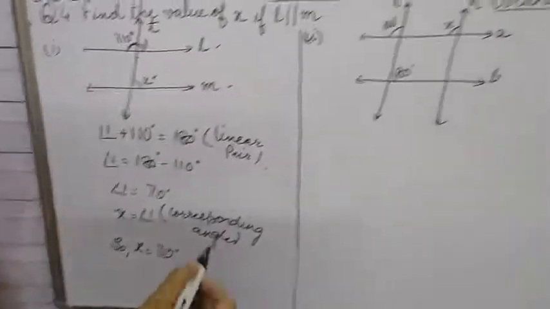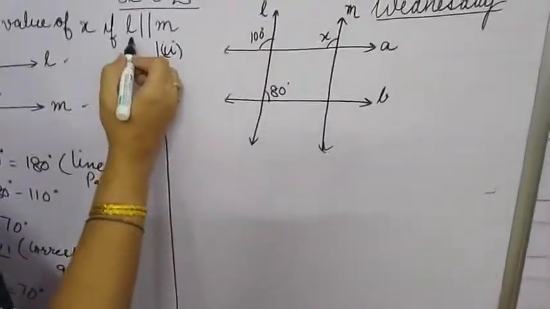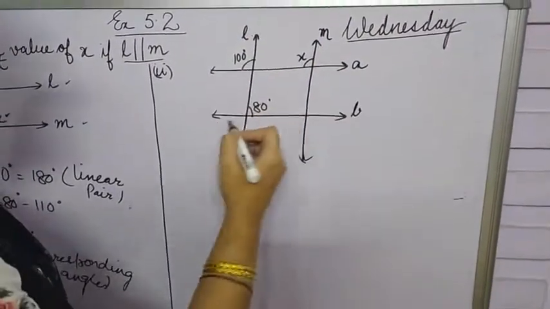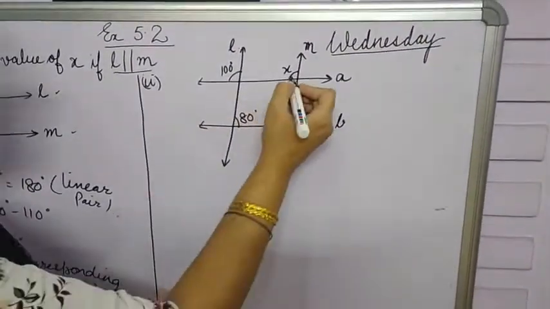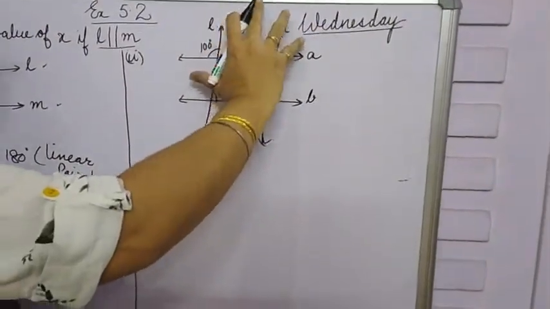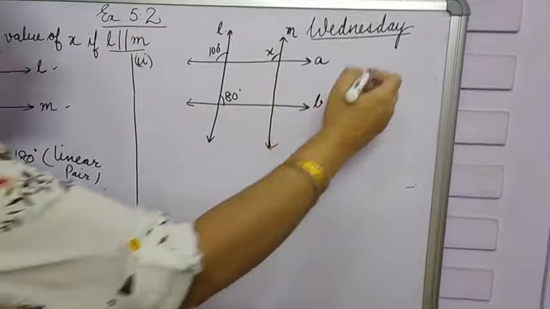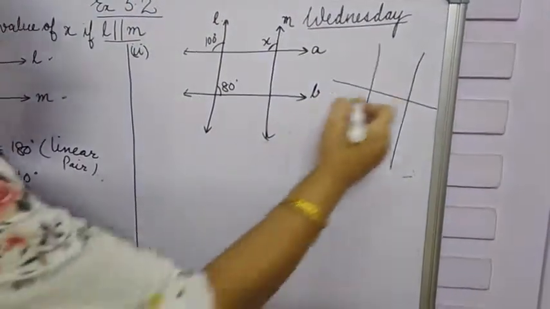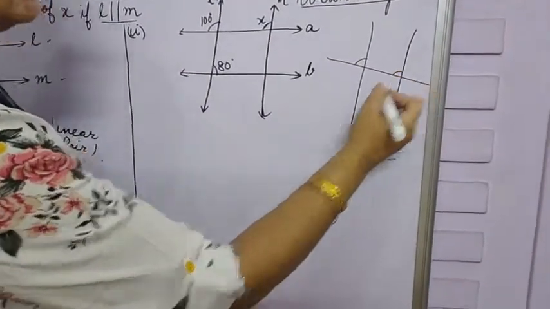Now see B part. Now see which lines are given to be parallel. L and M are parallel and they are cut by two transversals. So I have to find out the value of x. Now if you want, you can tilt your figure like that also. Two parallel lines cut by a transversal. What types of angles are these?